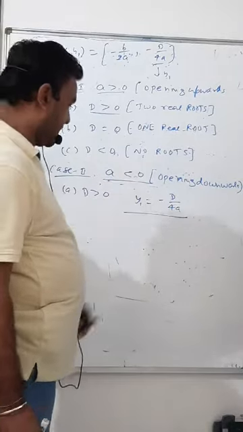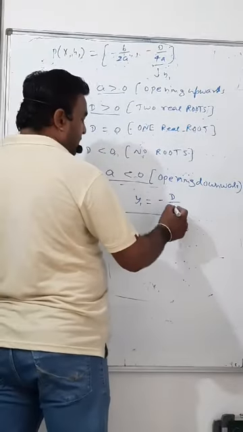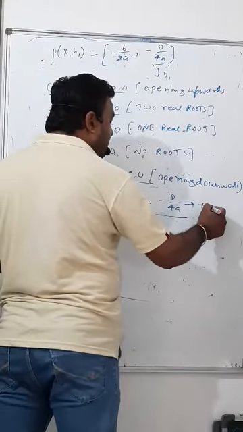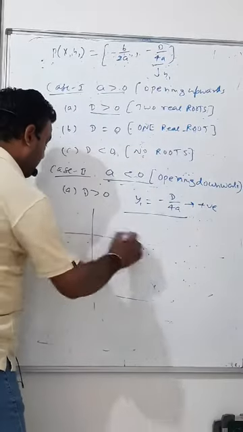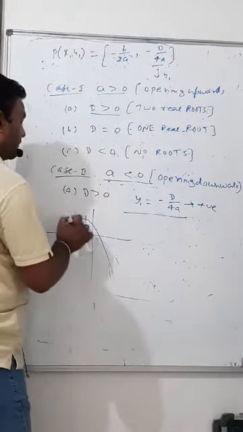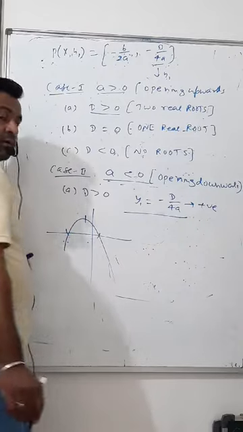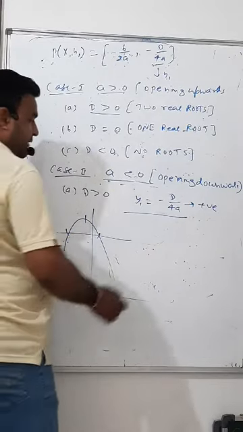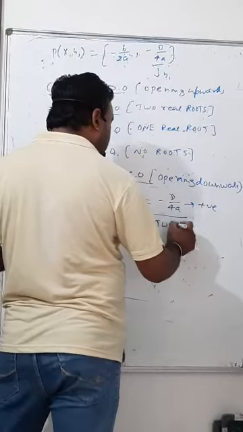Here a is negative, so it will become positive. That means opening downward and having this y1 positive, it will be cutting the x-axis at 2 points. That means I have two roots.